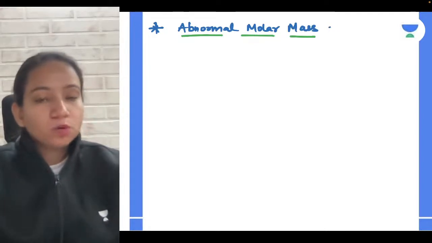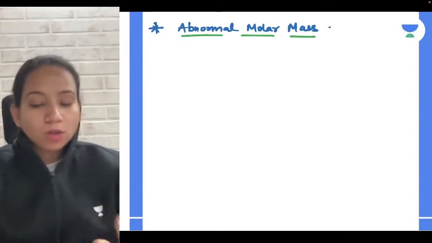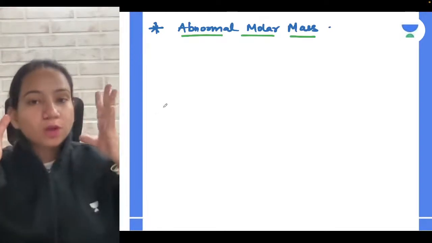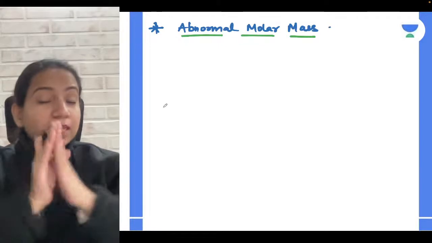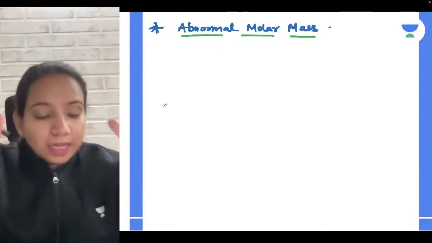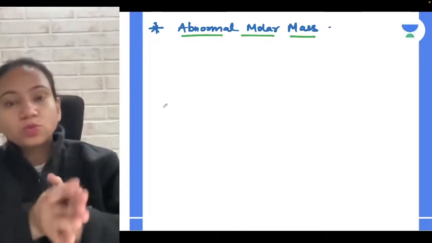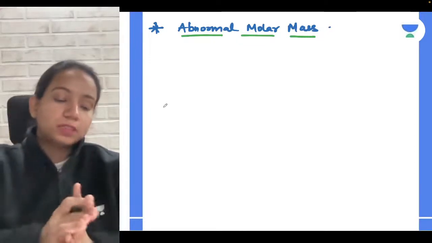So abnormal molar mass, what is it? Remember guys, we have all learned about colligative properties. When you calculate molar masses from colligative properties, the exact molar mass is not obtained, and this is known as abnormal molar mass.